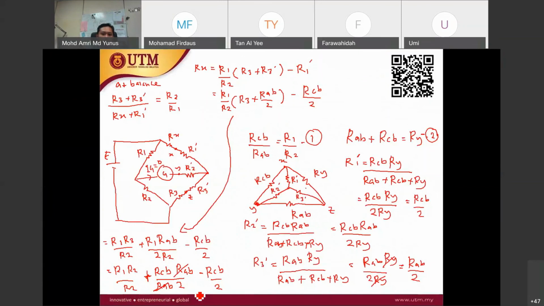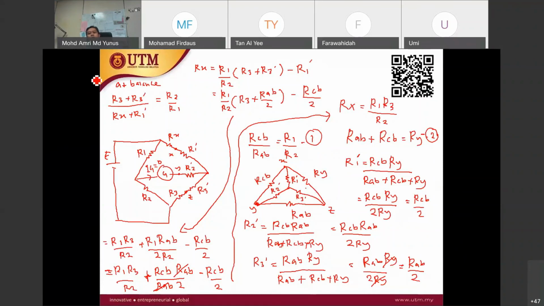So finally we get Rx equivalent to R1 multiply with R3 over R2.